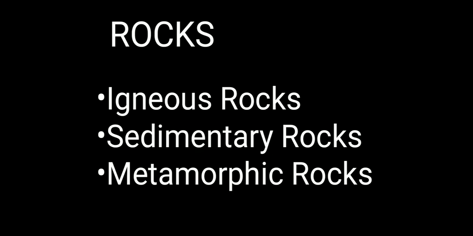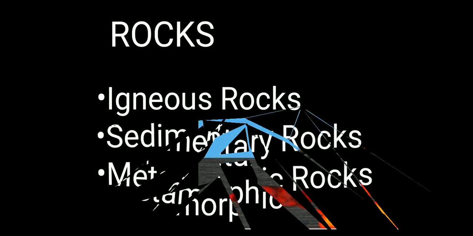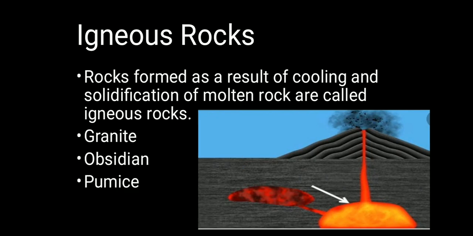Depending on the way rocks are formed, they can be grouped as igneous rocks, sedimentary rocks, and metamorphic rocks. So let's take the first one, that is igneous rocks. The Earth's interior is made of molten rock.